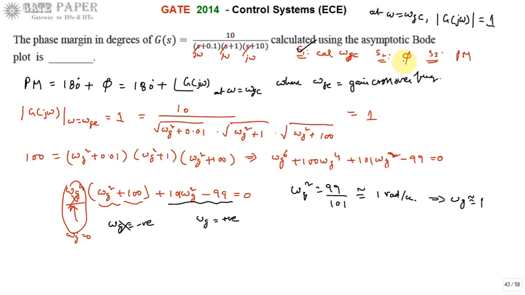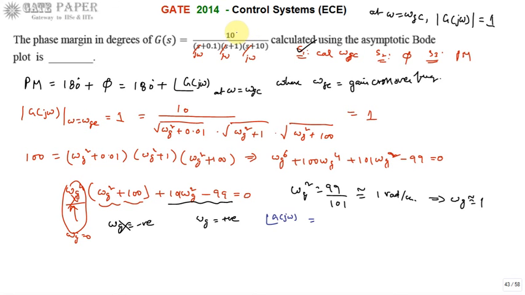The second step is we need to calculate phi. You must write the phase angle first. The phase angle of G(j omega): this 10 doesn't give any phase angle because it's a constant with no imaginary part. Phase angle can be written as tan inverse of imaginary by real.